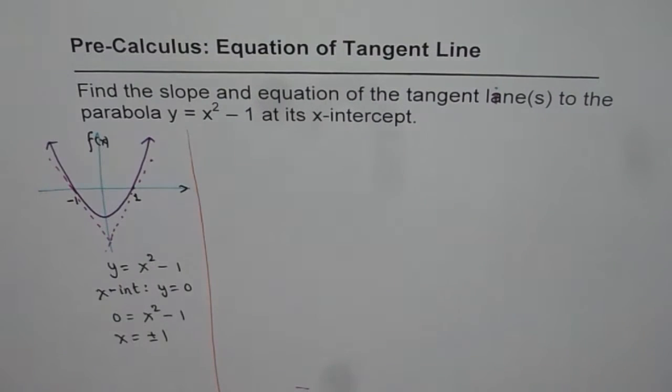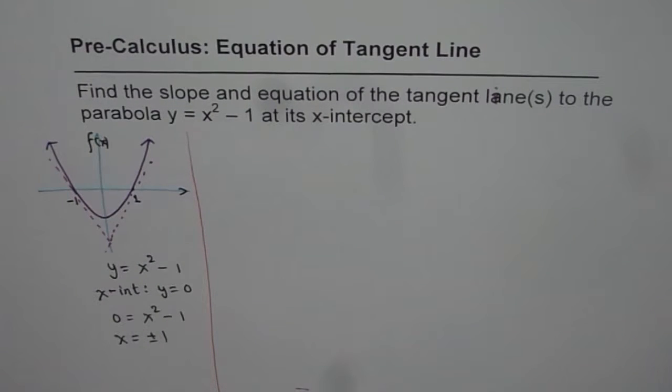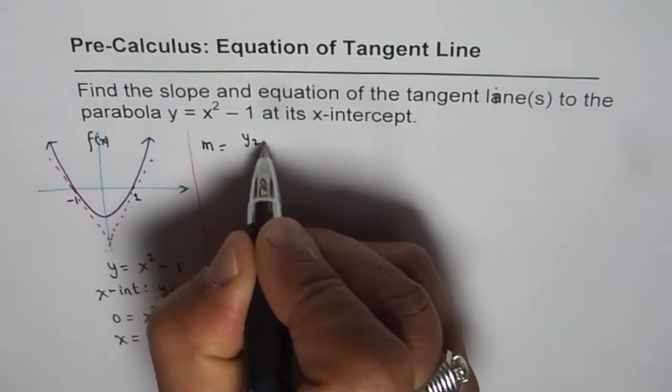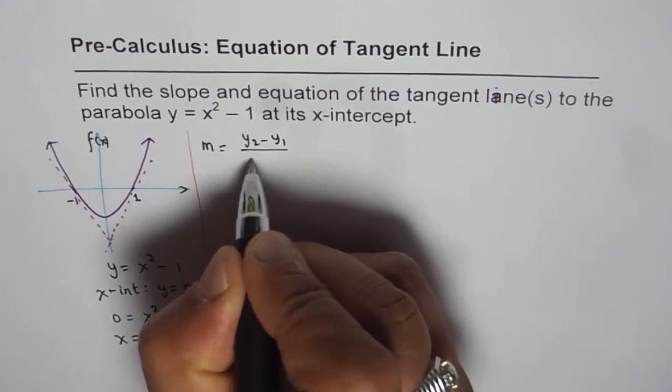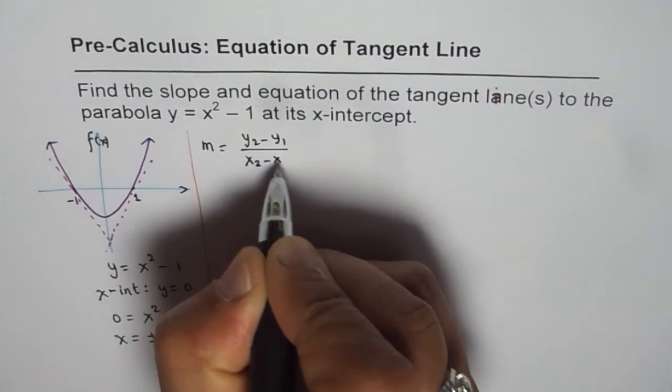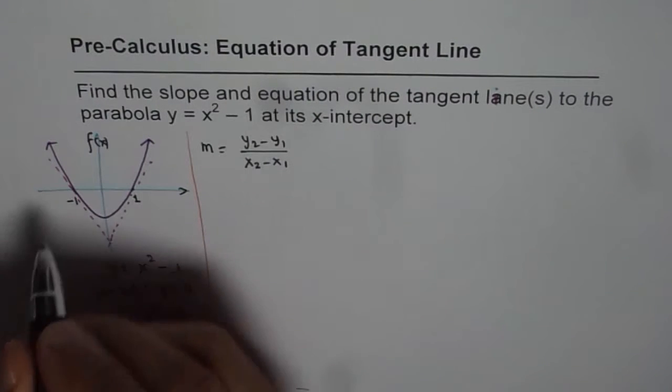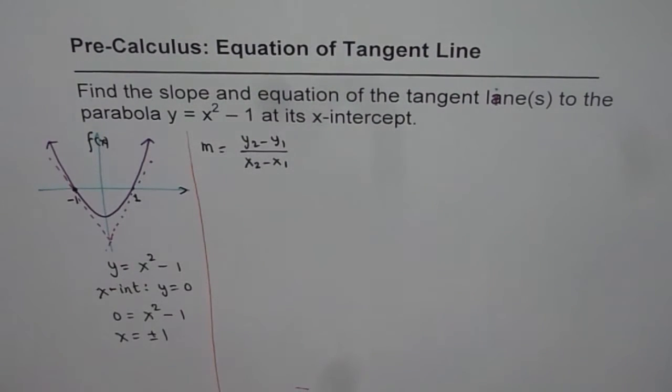Okay. Now we need to find the slope. To find slope, you can use the formula slope equals y2 minus y1 divided by x2 minus x1. Now to find slope, you need 2 points. We have only 1 point, and this is the x-intercept. So which is the second point?